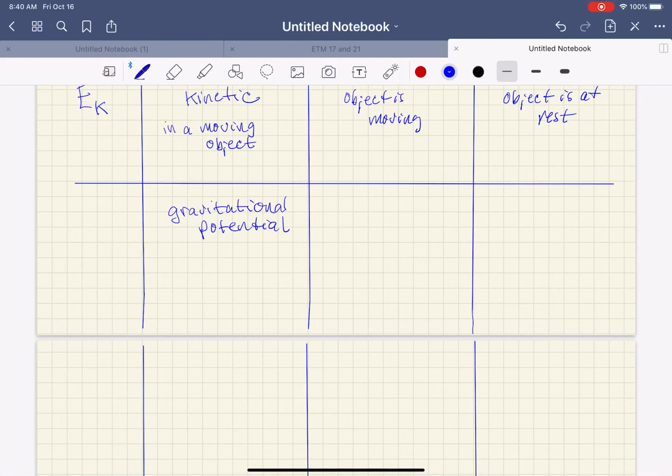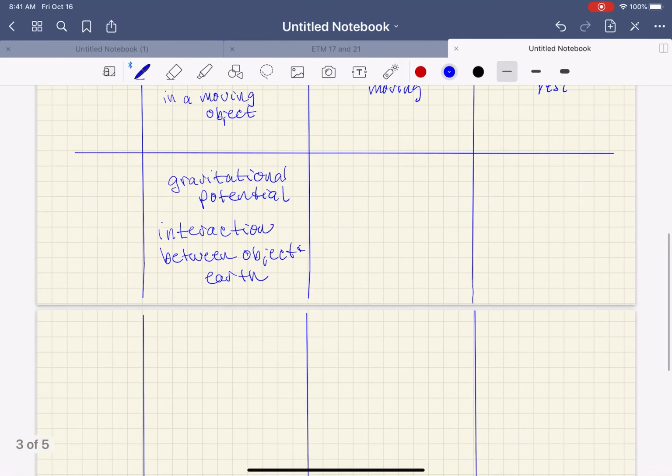You have to have the earth around in order to have gravitational potential energy. So it's stored in that interaction between the object and the earth.